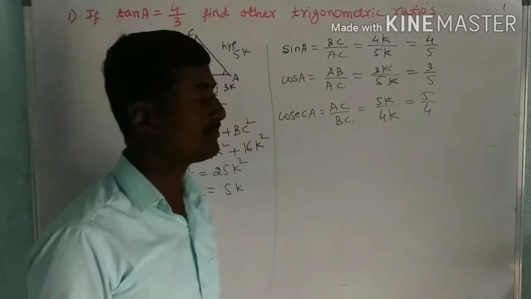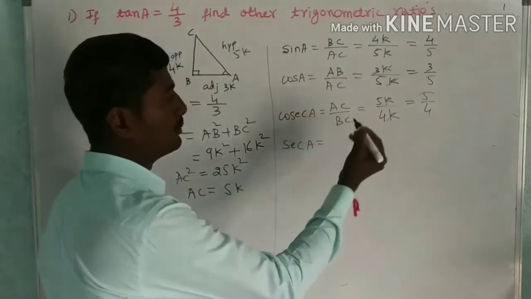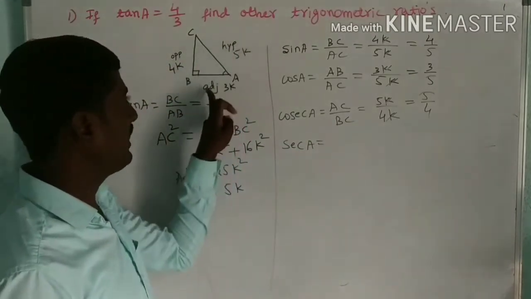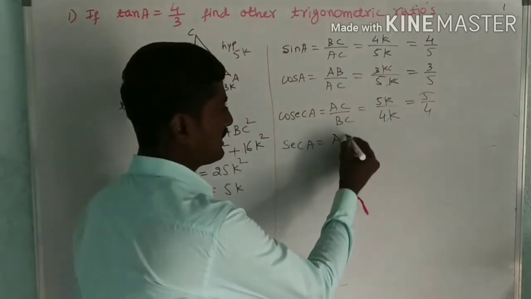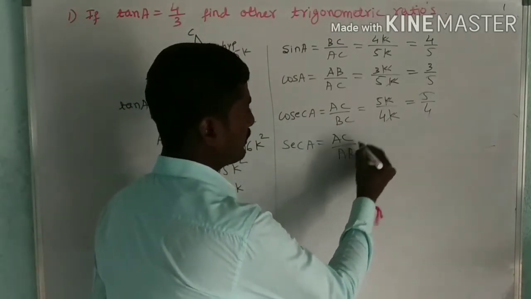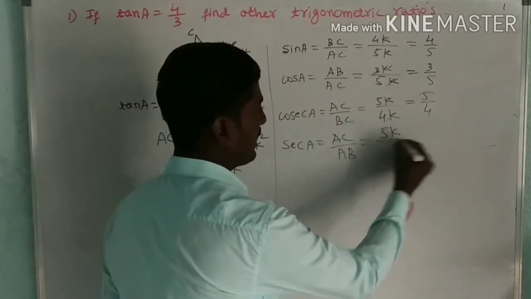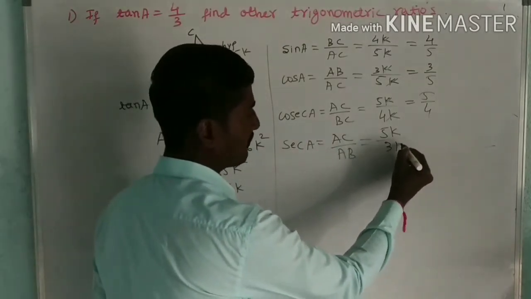Then sec A is equal to, sec is nothing but hypotenuse by adjacent. That is AC divided by AB, 5k divided by 3k.